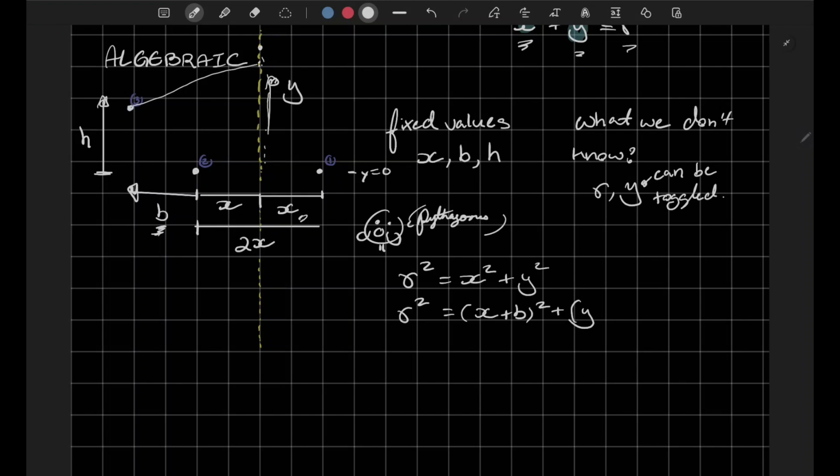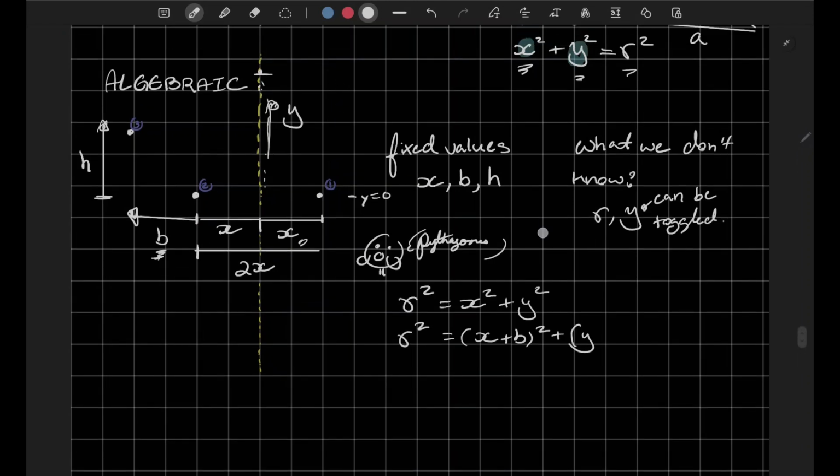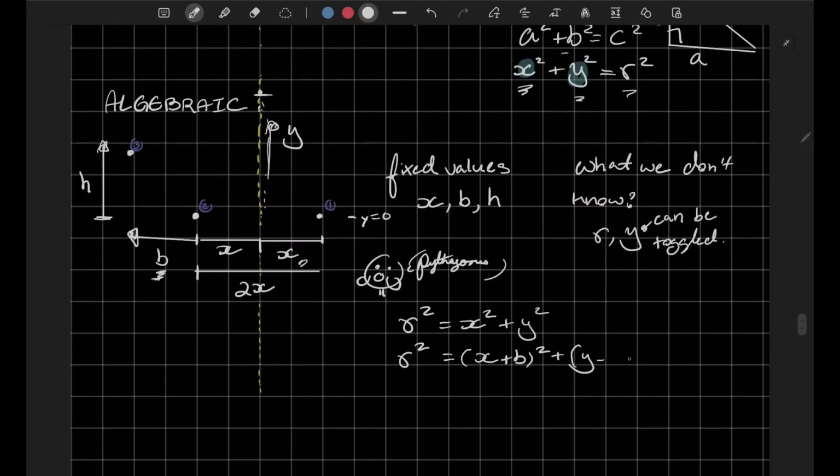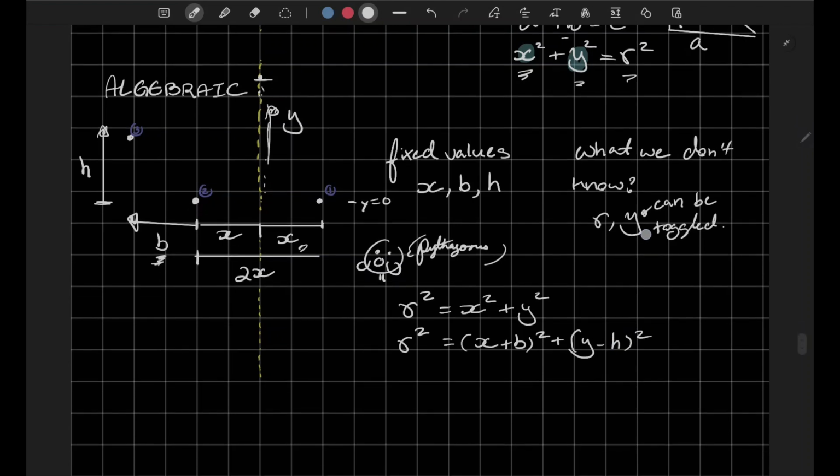Because point 3 starts here, we're going to be taking away our h value from our y to actually find the vertical distance of this triangle. So that would be our b plus x squared plus y minus h squared.